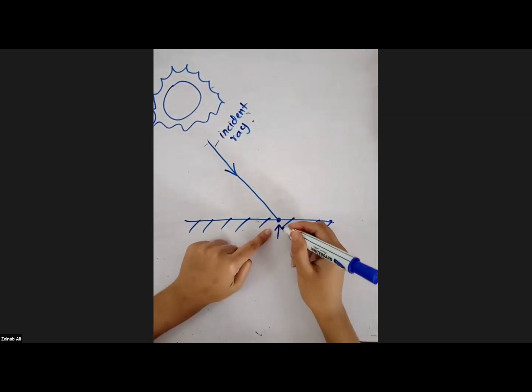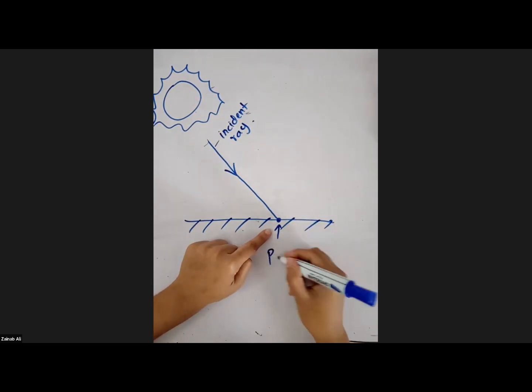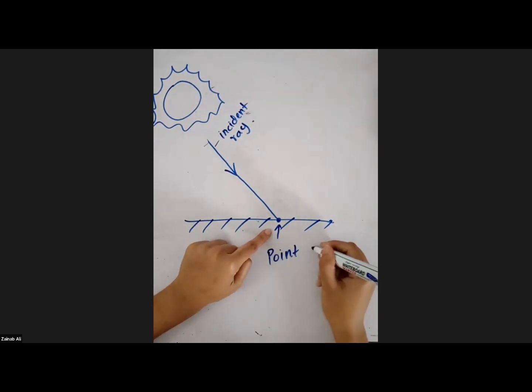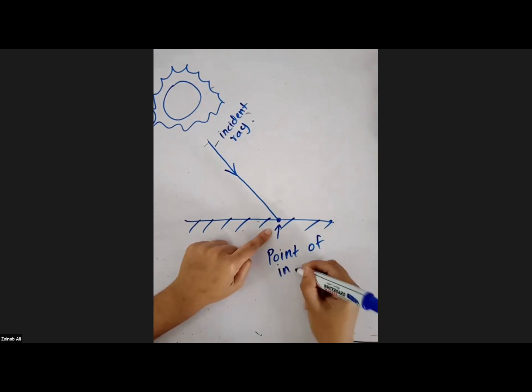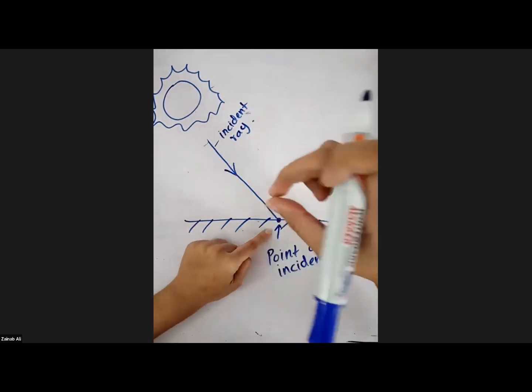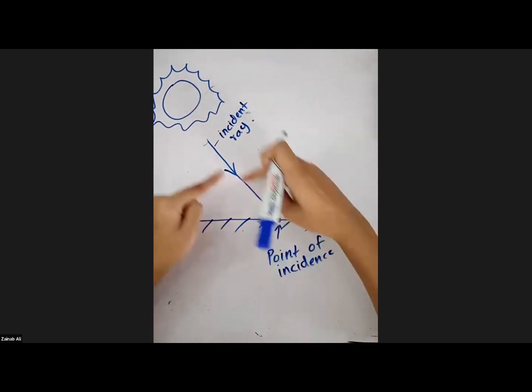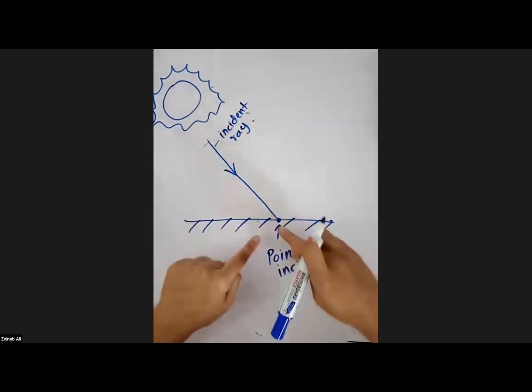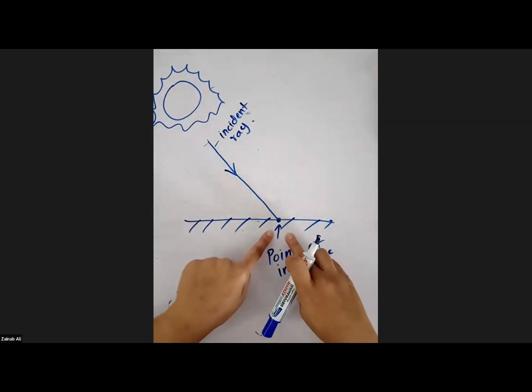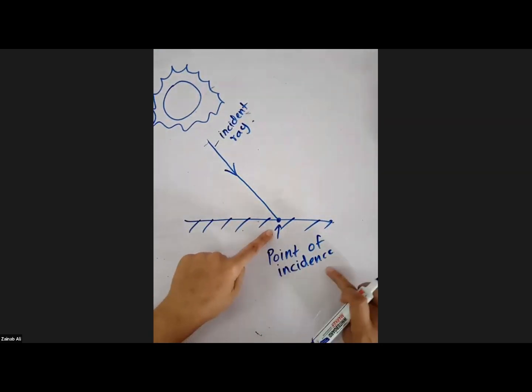You name that point the point of incidence. So what is the point of incidence? The point where the incident ray contacts the mirror, you call it the point of incidence.